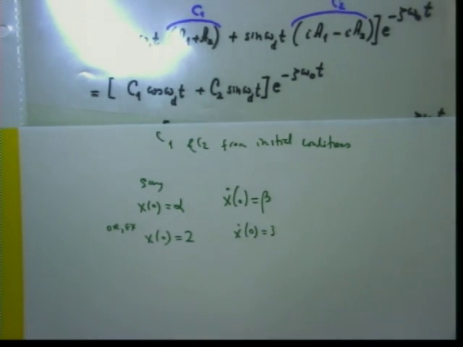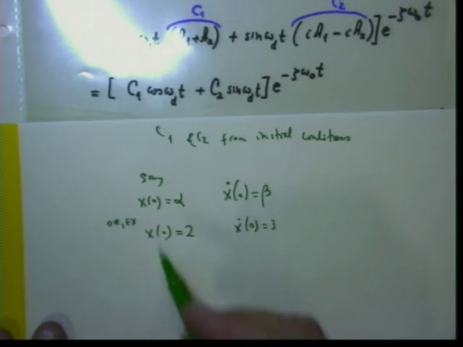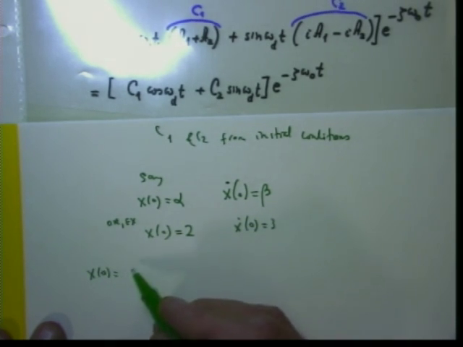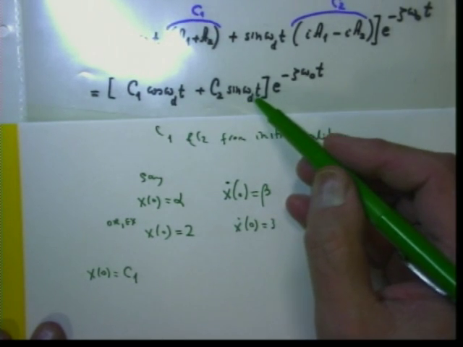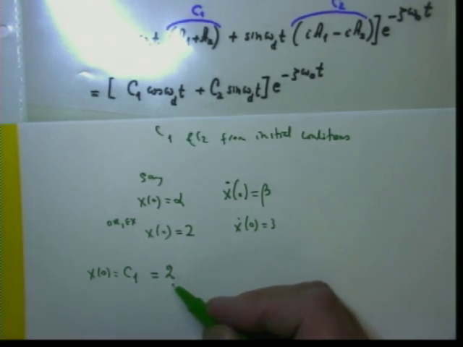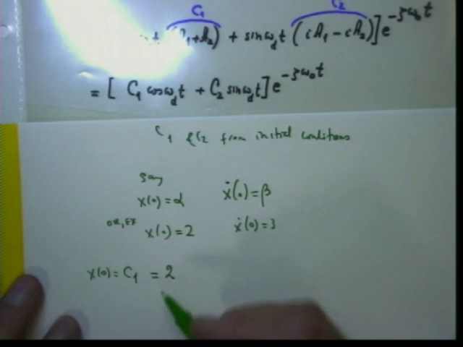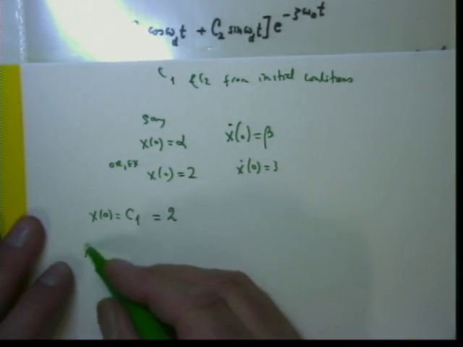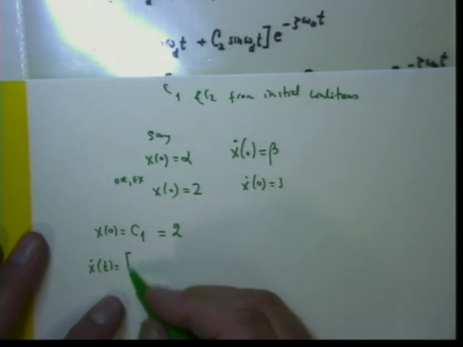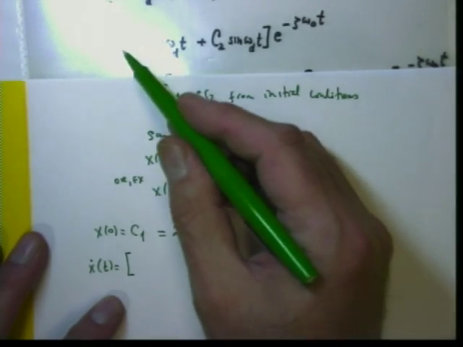Then I will get, look please, x sub 0 equals, when I substitute 0, this guy is gone because it's 1. So C1 equals 2. Let us just solve this problem indeed. Now we are calculating the derivative, x dot of t. First of all, it's a product.